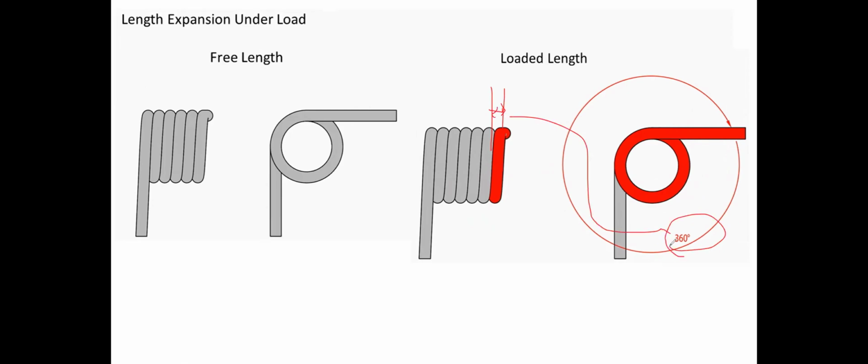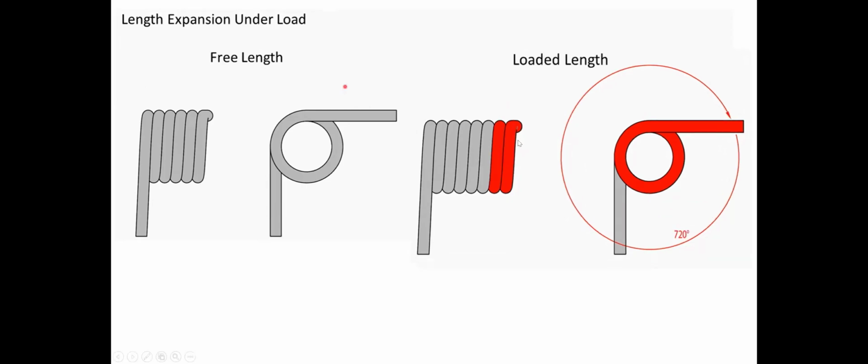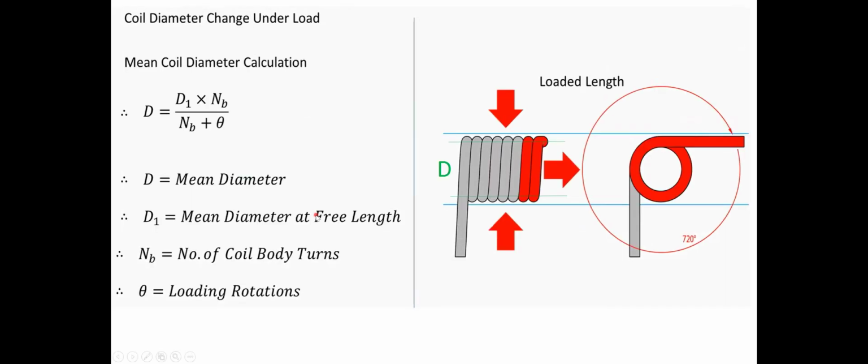When the legs are rotated 720 degrees, that means two times 360, we will have two additional rotations, one and two. Meanwhile, the mean coil diameter will reduce. The load length will increase by two rotations, and the mean coil diameter will reduce.